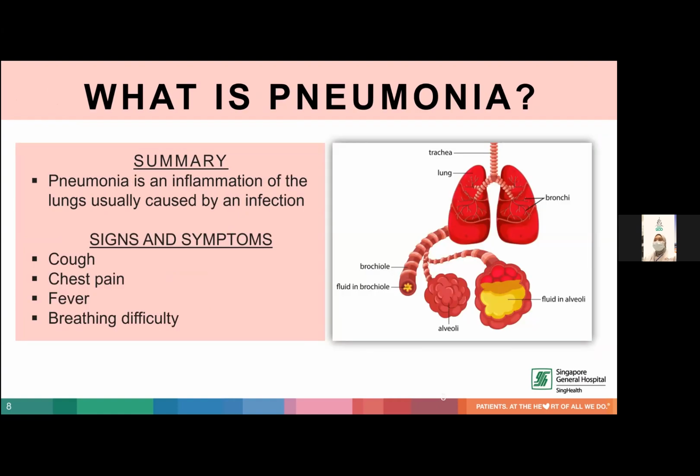Next. So what is pneumonia? Pneumonia can result from a variety of causes of infection such as bacteria, viruses, fungi, or parasites, or chemical and physical injury. Often pneumonia follows an upper respiratory tract infection such as cold or influenza, known as flu.